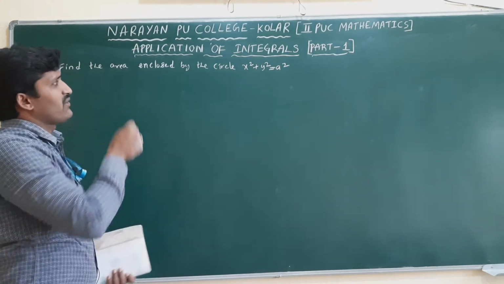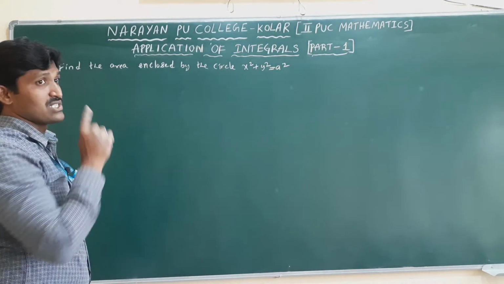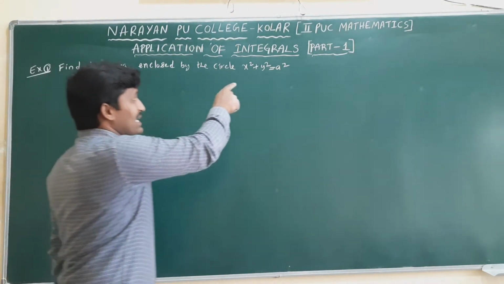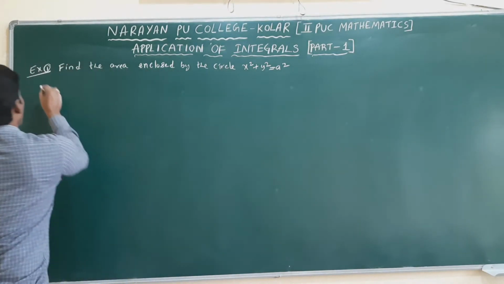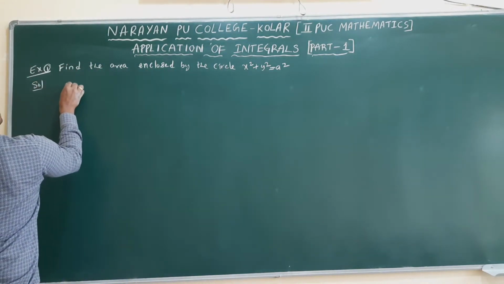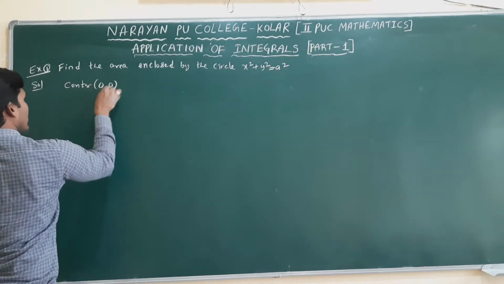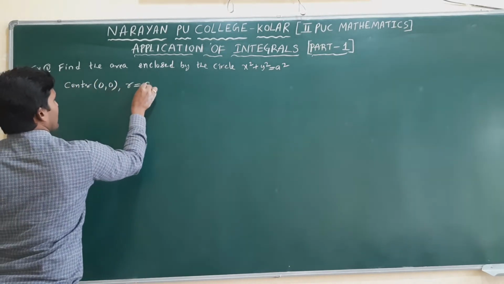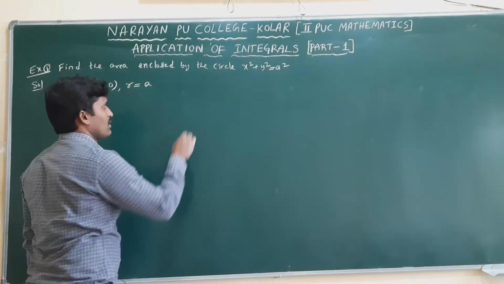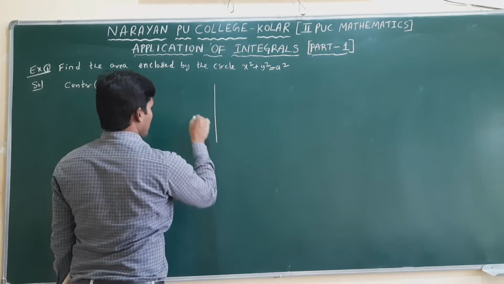This is clearly the equation of a circle having center 0, 0 and radius a. Because to draw the diagram we need the basic values, center, and radius is small a. We will draw the diagram based on this given data.